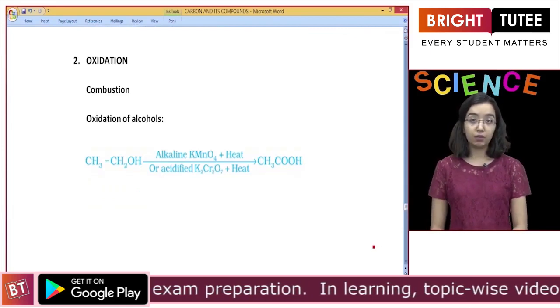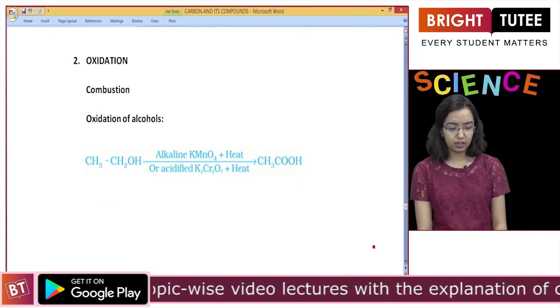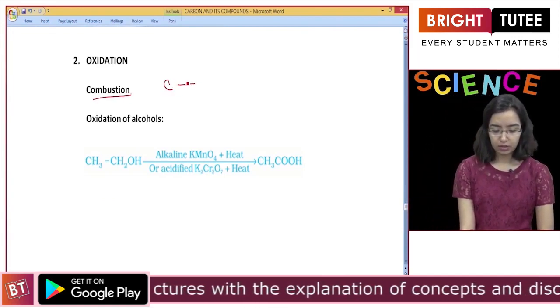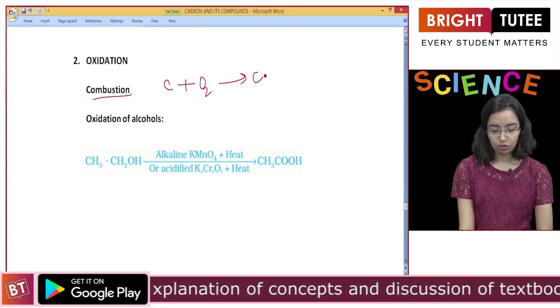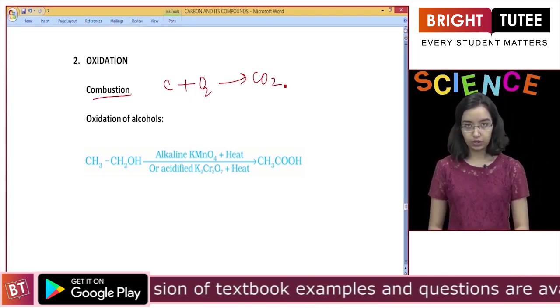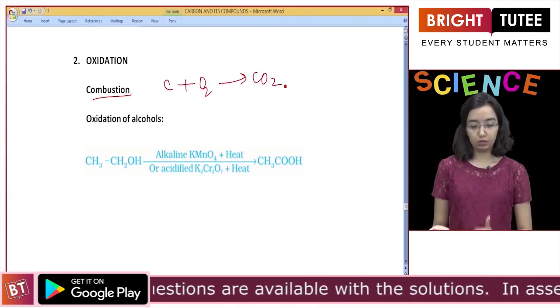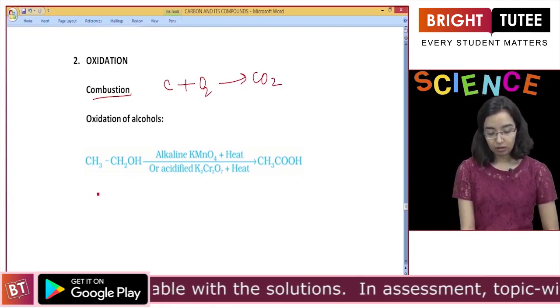Now let's talk of the second property, that is oxidation. We already studied that in combustion, carbon combines with oxygen to form CO2. So normally the process of combustion is also a process of oxidation. But some carbon compounds show some special properties that we'll be talking about here. That is alcohol.